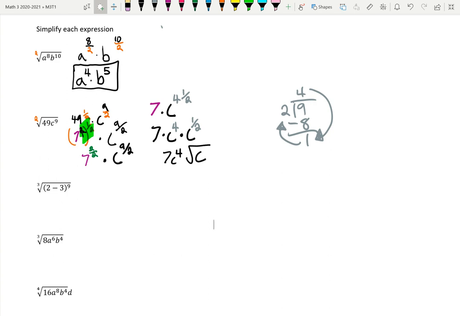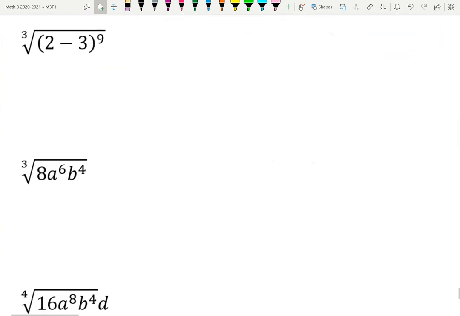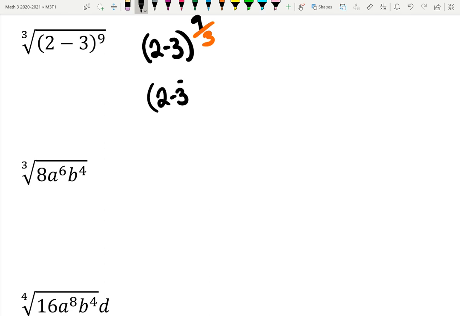Let's do this next one. I see the cube root. So when I rewrite it, it's going to be 2 minus 3 to the 9 divided by 3. Well, looking at my rational fraction, I can see that 2 minus 3 is just going to be to the 3rd power.